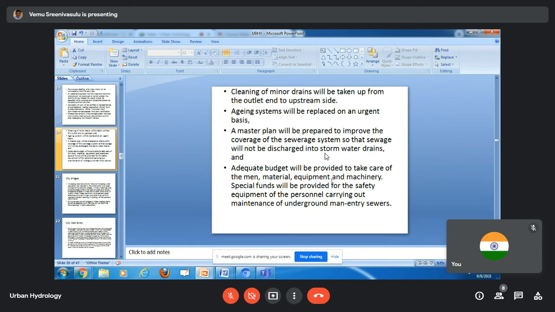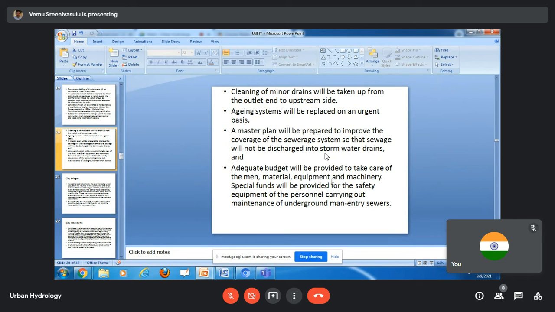This is very unfortunate: even though we are very advanced technology-wise, going into space and launching so many satellites, still to clean the waste in a sewer, a man has to go through a manhole.